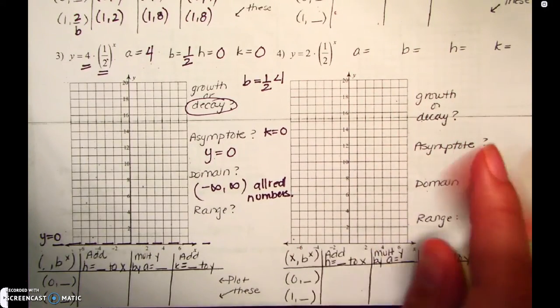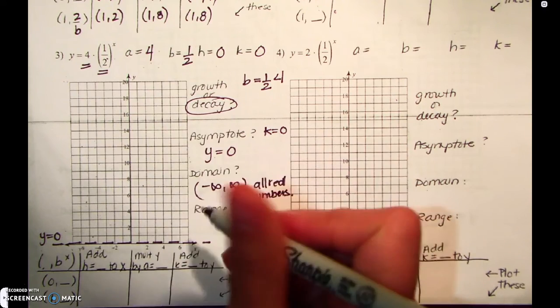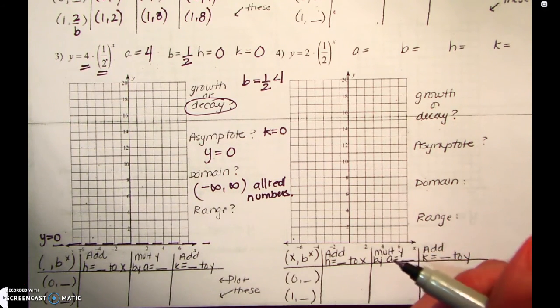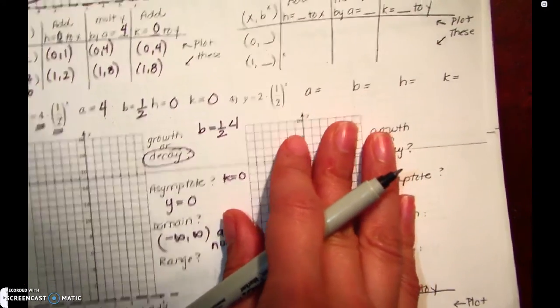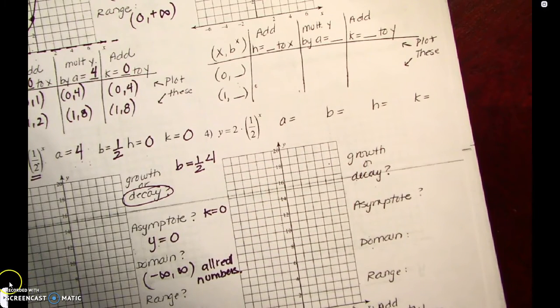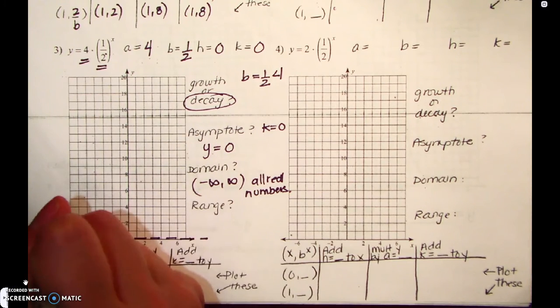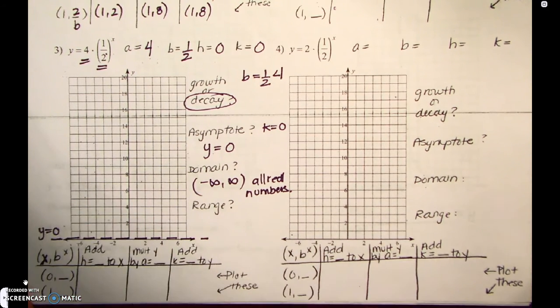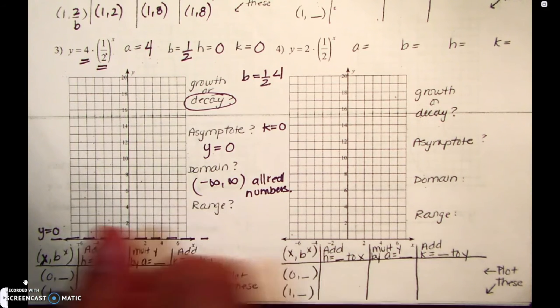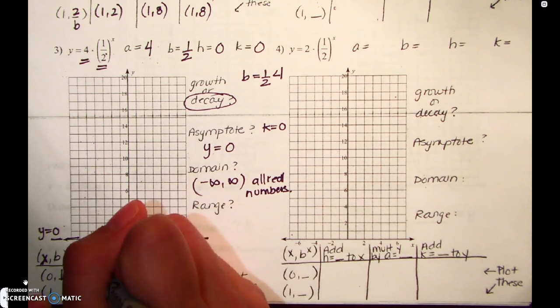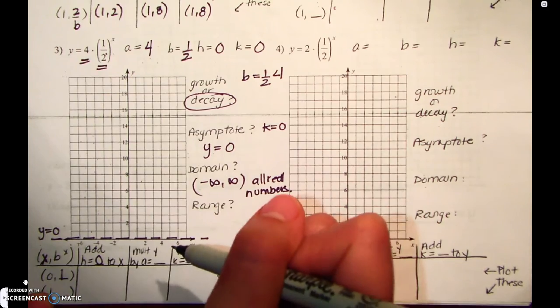Okay, our range, so this graph is going down. We know that it's going to go down towards negative infinity, possibly. Okay, so let's look at the table. We know that the table is always going to include the points x and then b to the power of x. So let's start with 0, 1. It's telling me that I need to add h, in this case h is 0, to x.